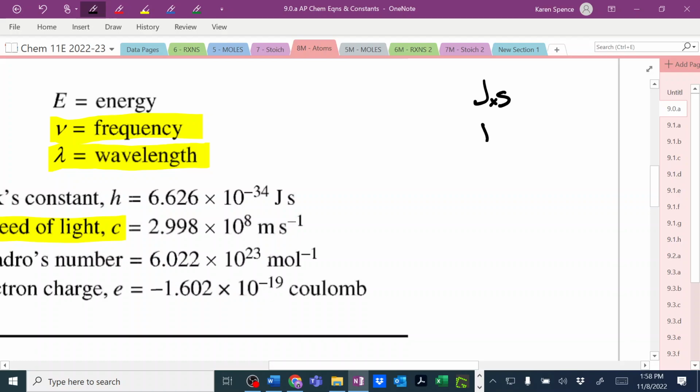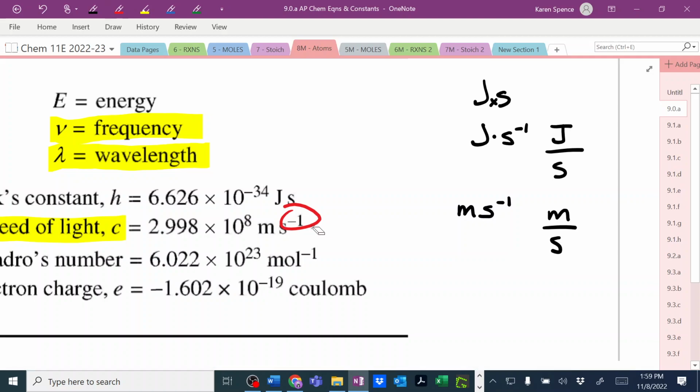If I write joules second to the -1, that would mean joules per second. If I write meters seconds to the -1, that means meters per second. So your speed of light is given to you in meters seconds to the -1, and you just need to understand that that means meters per second.